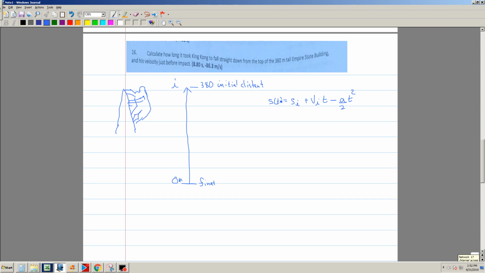Okay, so we said that this is the initial, so that goes here, and the initial velocity, in other words, when he started falling, he started from a standing position, he didn't have any velocity, so this has to be 0.